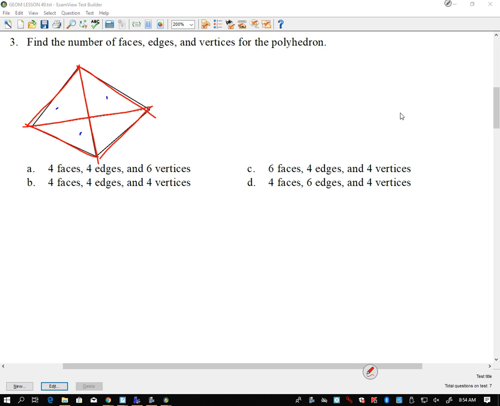So wouldn't it be 8 then? No, still just 6. Look, 1, 2, 3, right? 4, 5, 6. Where am I getting 2 more from? I'm just looking.